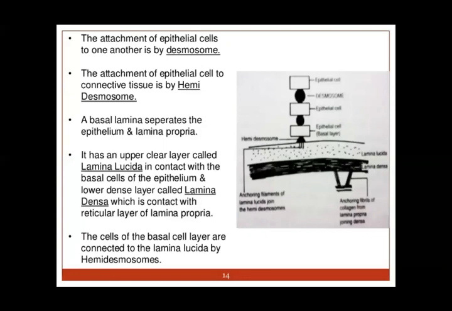It has an upper clear layer called lamina lucida in contact with the basal cells of the epithelium, and a lower dense layer called the lamina densa, which is in contact with the reticular layer of lamina propria. The cells of the basal cell layer are connected to the lamina lucida by the hemidesmosomes.